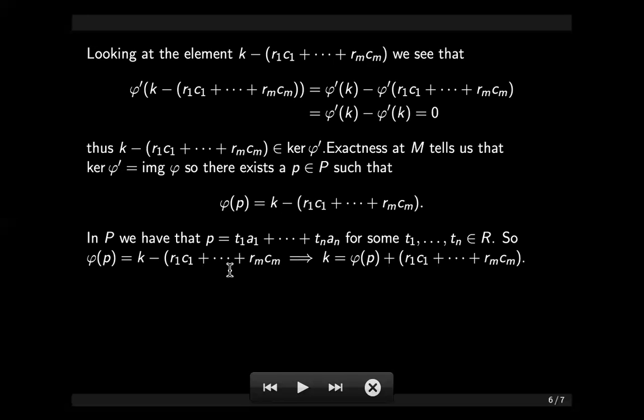So we have this relation, phi of p is equal to K minus (R1C1 plus dot dot dot RMCM), through our exactness condition at M. So this implies that K is equal to phi of p plus our linear combination of the preimages of basis elements of R in M. Those preimages are in M.